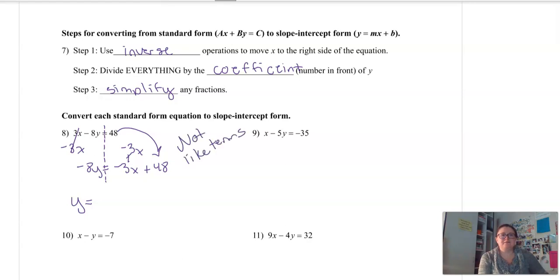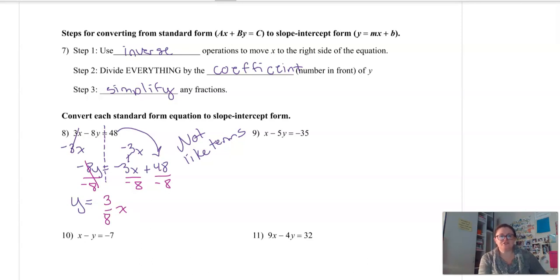Okay. Then my next step is to divide everything by the coefficient of y. So there's a negative 8 in front of y, so I'm going to divide everything: negative 8, negative 8, negative 8. Okay? So those 8's cancel, so we're left with y equals negative 3 divided by negative 8 becomes positive 3 over 8x.